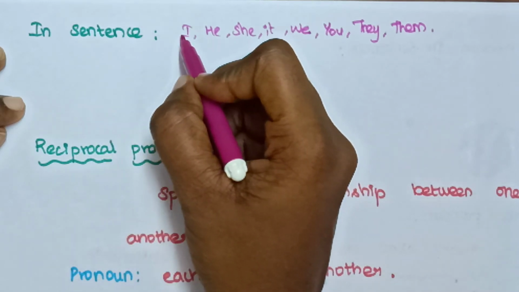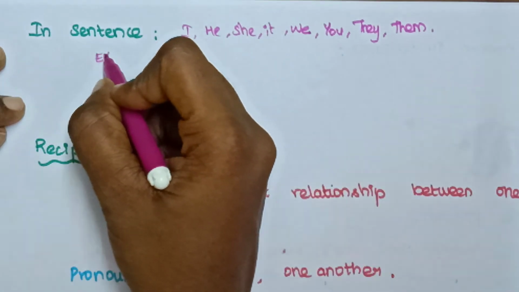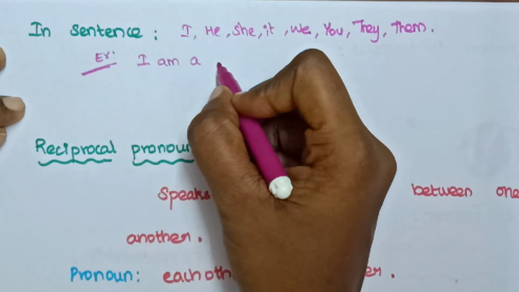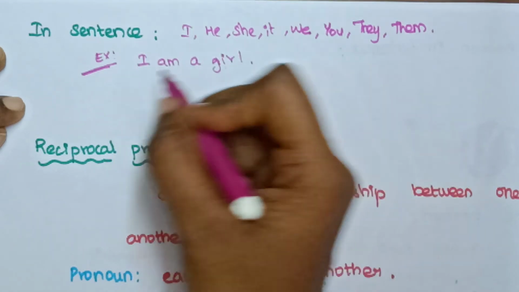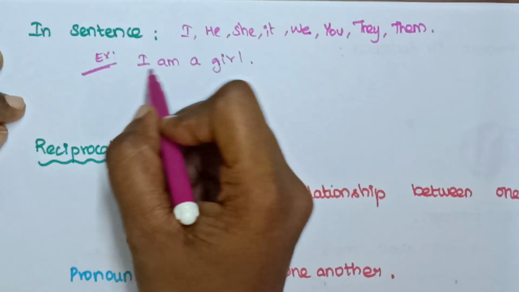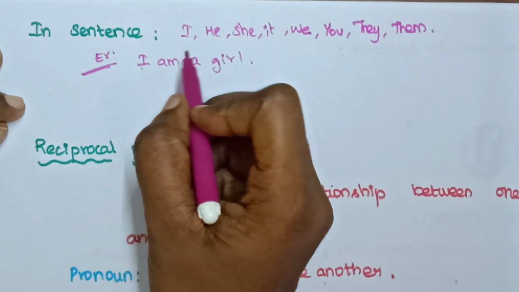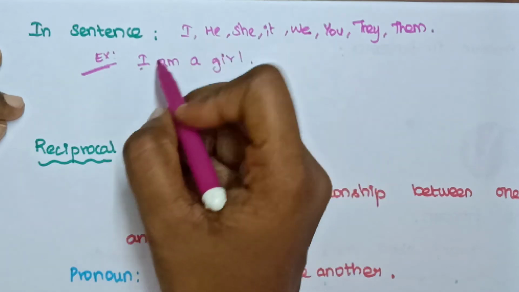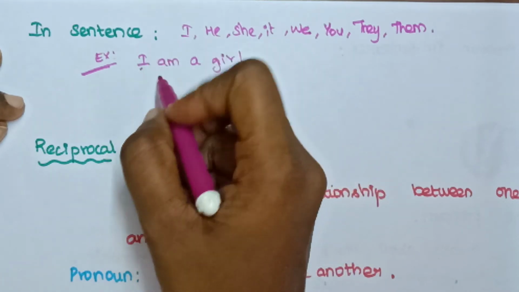See, for I, what example shall we take? I am a girl. So this is a sentence describing a pronoun. Here I is the pronoun used.